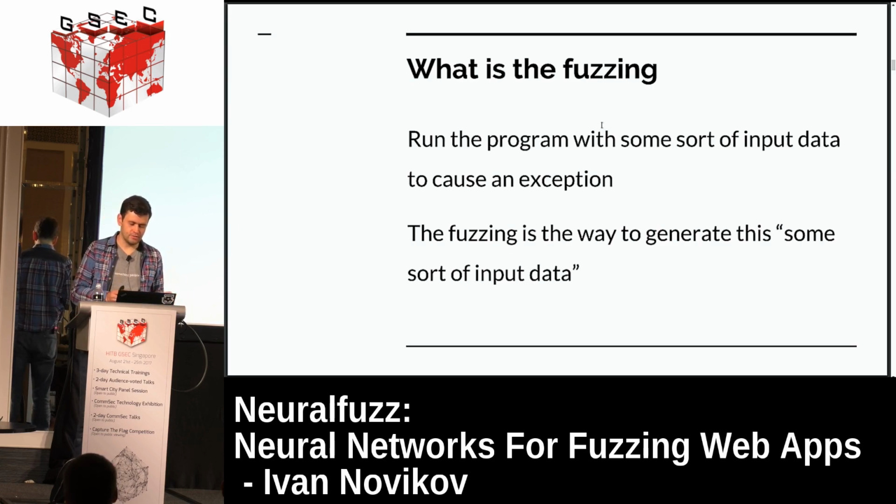Technically, fuzzing is a way to generate this input data: how to generate something unexpected for the app, for the program in general, something really important for attackers, how to repeat the success, and how to generate new payloads, new unexpected things using the same, already known things.